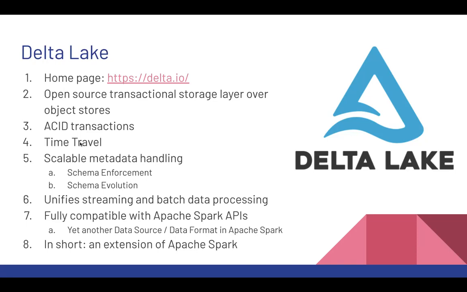There is this feature of scalable metadata handling, because if you are dealing with transactions modifying underlying data and automatically moving to another version, you may expect, and it is available in Delta Lake, to have something like schema enforcement, making sure that your data matches what's expected by shape, by column names, and by the types, as well as allowing for something called schema evolution, something that you may have found in file formats like Avro, used in Kafka-based solutions.